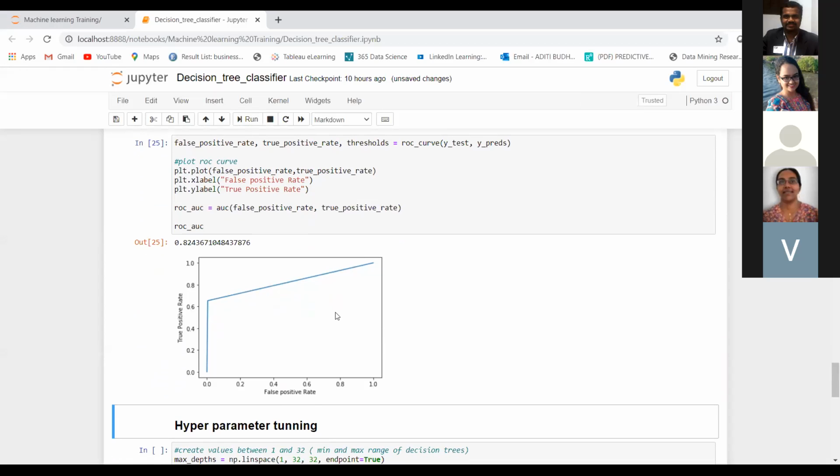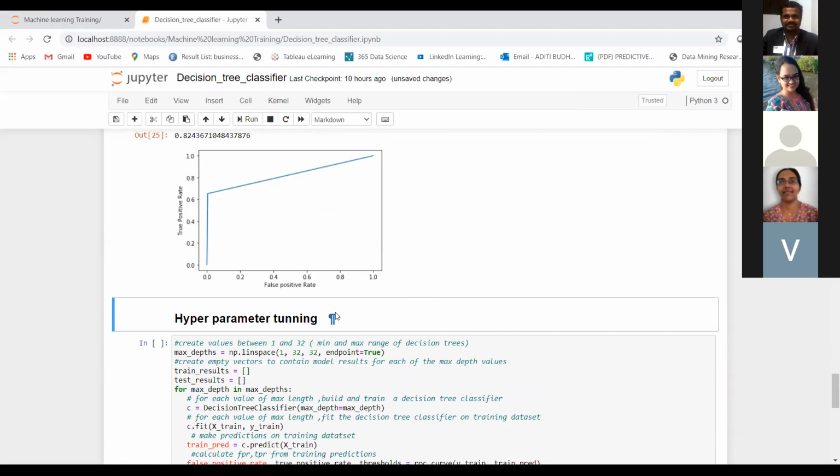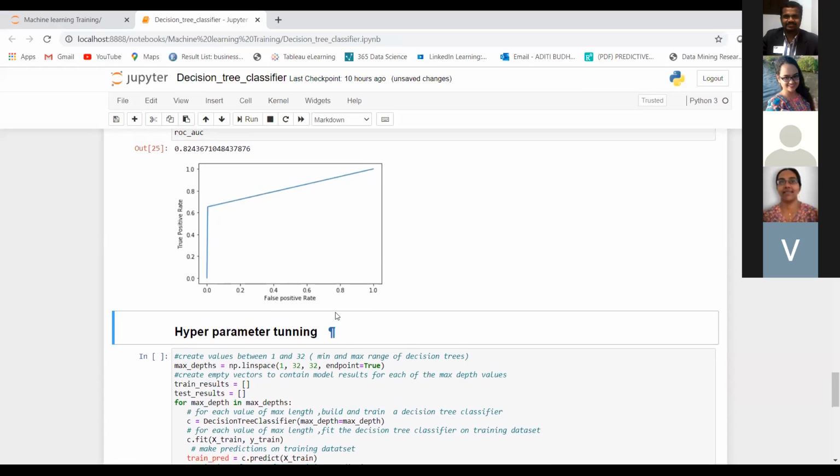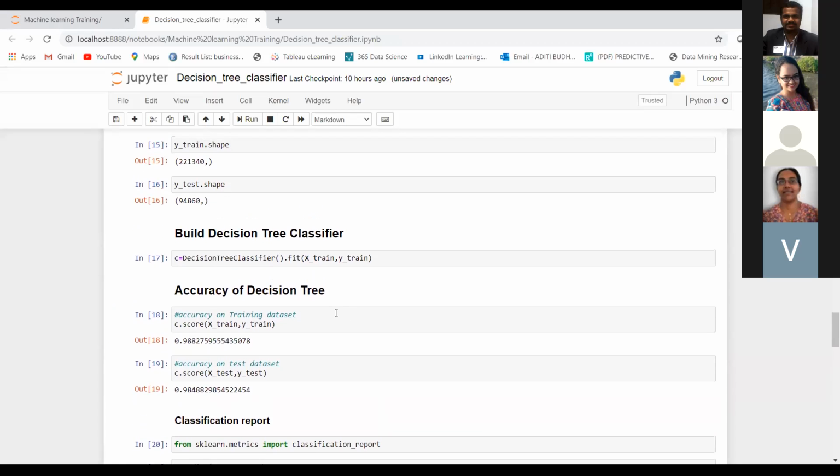Okay. Now let us move to a concept which is known as hyperparameter tuning, right? Hyperparameters are nothing but the parameters that you can specify while creating your model.